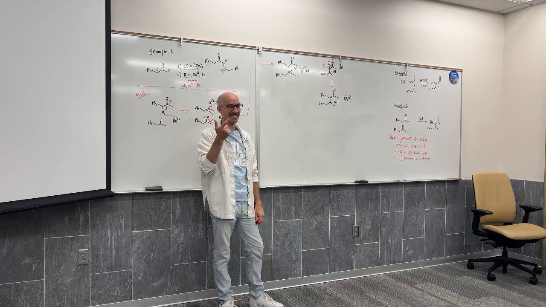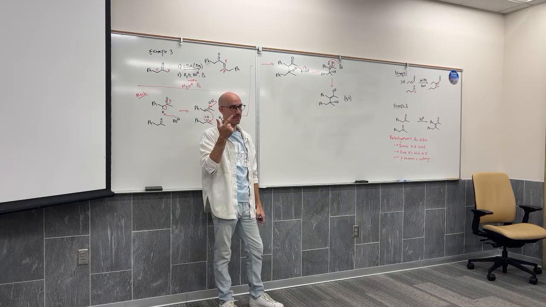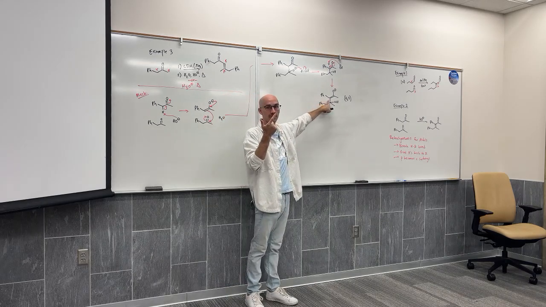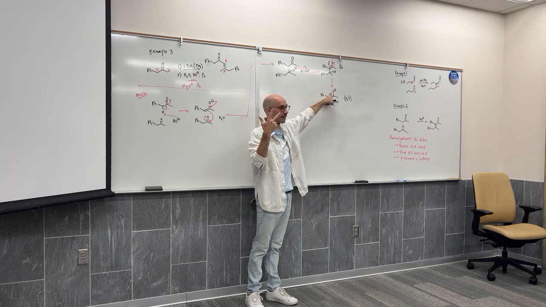What else? This alpha beta carbon-carbon double bond needs to form. What else? There's one last thing. The new CO bond, the double bond with the other. Yep, you gave that to me already.